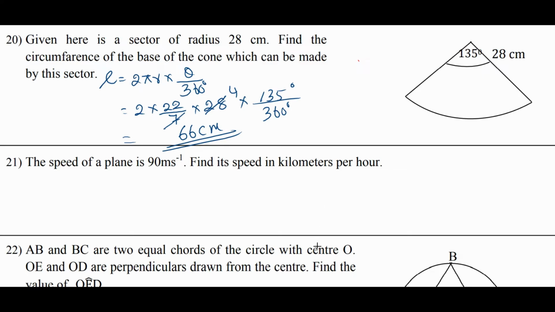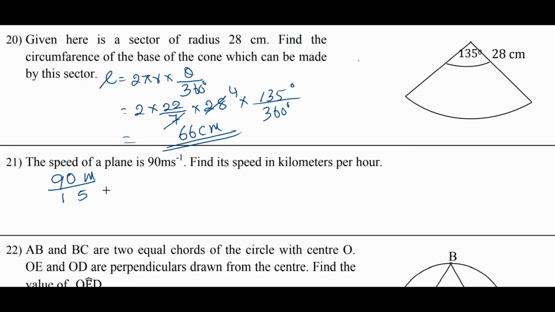Question number 21. The speed of a plane is 90 meters per second. Find the speed in kilometers per hour. This is a unit conversion question. First of all, let's write 90 m s^-1 equals 90 meters divided by 1 second.